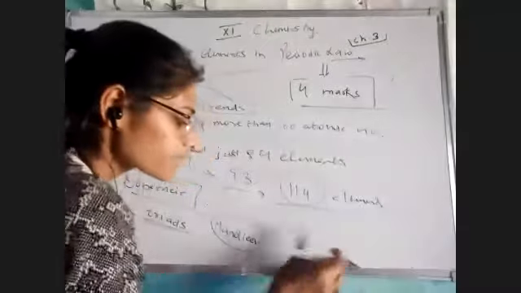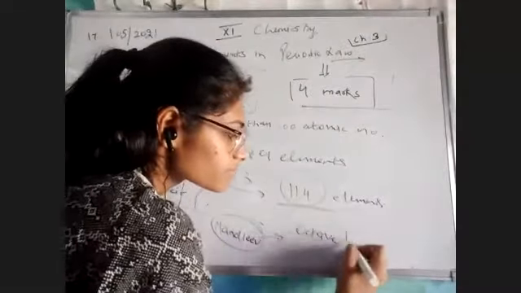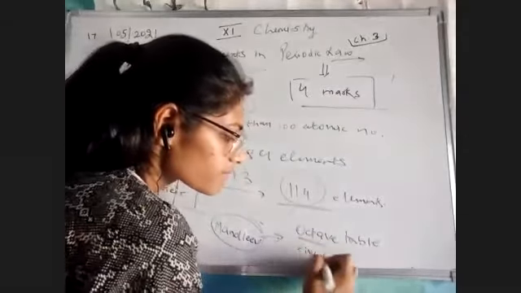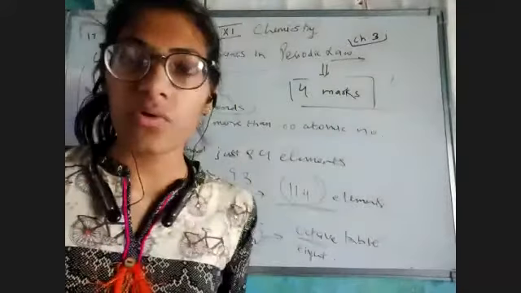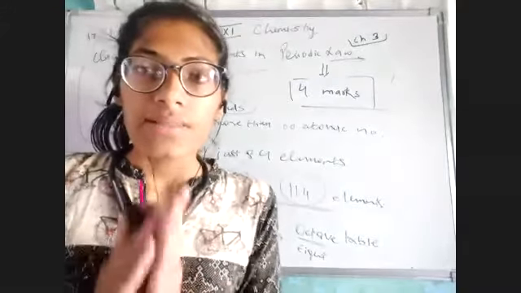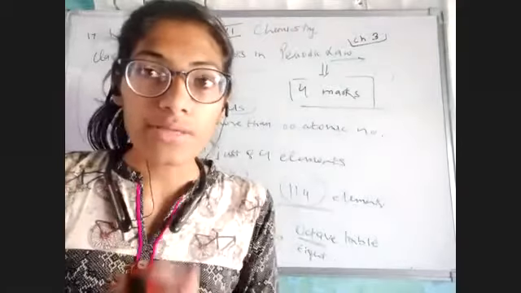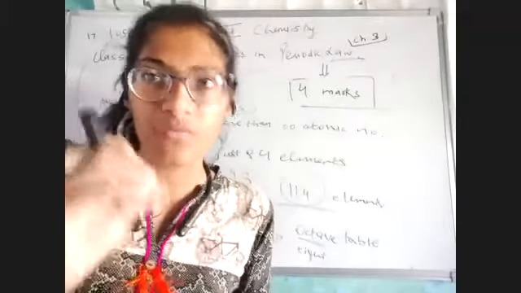Mendeleev tried to give his best and he gave us the octave table, where octa means 8. He used atomic weight as the basis of his periodic table. So according to Mendeleev, atomic weight is the most important property of elements.